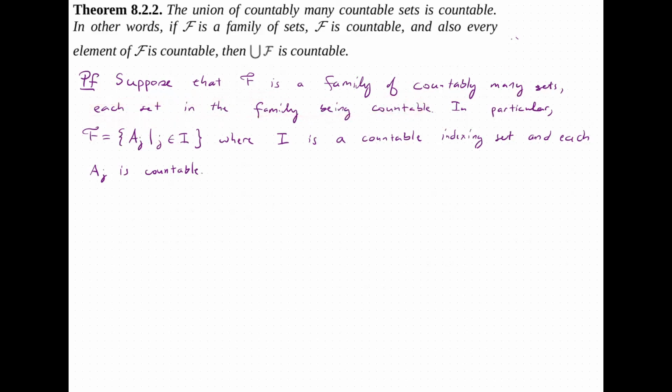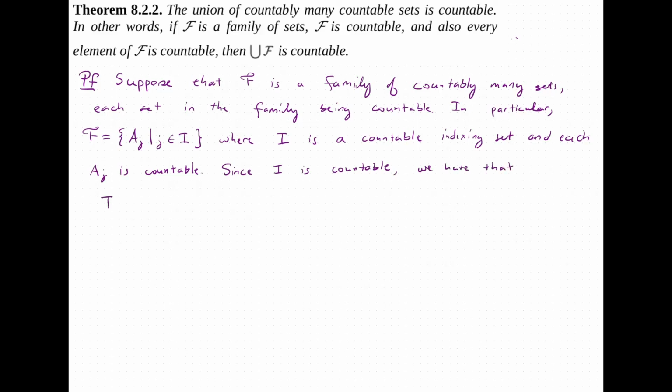If we break this down via the definition of what it means to be a family of sets, we end up getting that F is equal to the set of A sub j's such that j is in I, where now I is a countable indexing set, and each A sub j is countable. But now, since I is countable, we have two possibilities.